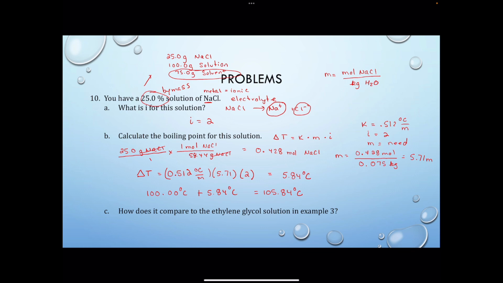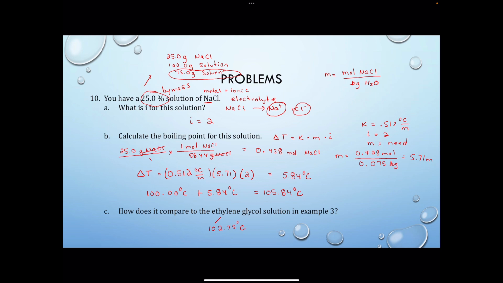So on our worksheets, we had an example 3 in which we had a 25% ethylene glycol solution. And in that scenario, we had calculated our boiling point to be 102.75 degrees Celsius. So we're asked to compare these two solutions. We mentioned when we started talking about colligative properties that the more particles we have in solution, the greater impact it's going to have on our colligative property.